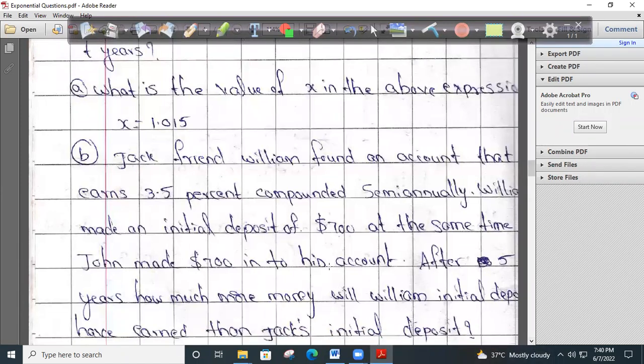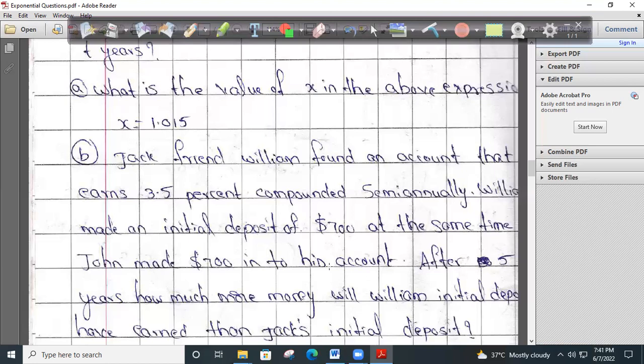B part: Jack's friend William found an account that gives 3.5% interest, not 3%, compounded semi-annually. William made an initial deposit of $700. At the same time, Jack deposited $700 into his account. After 5 years, how much more money will William's initial deposit have earned than Jack's initial deposit?